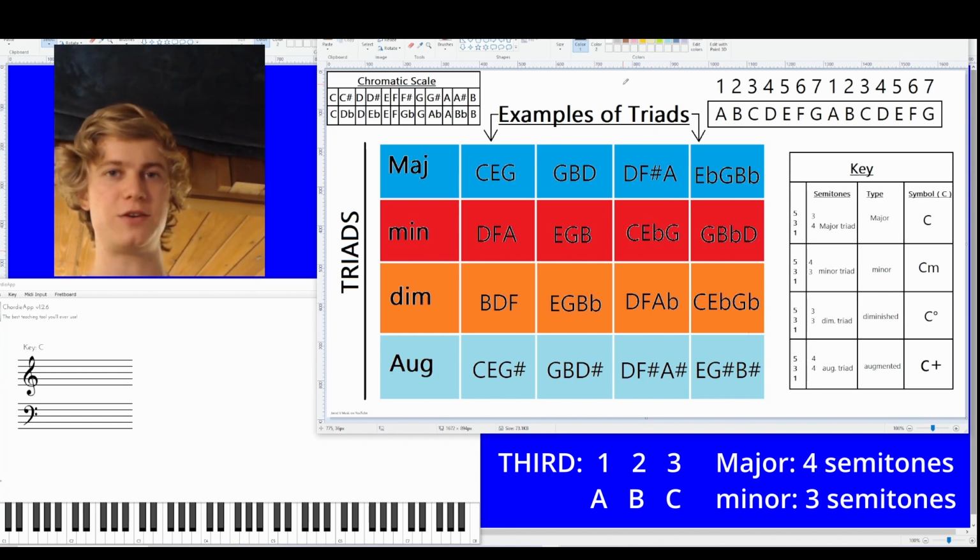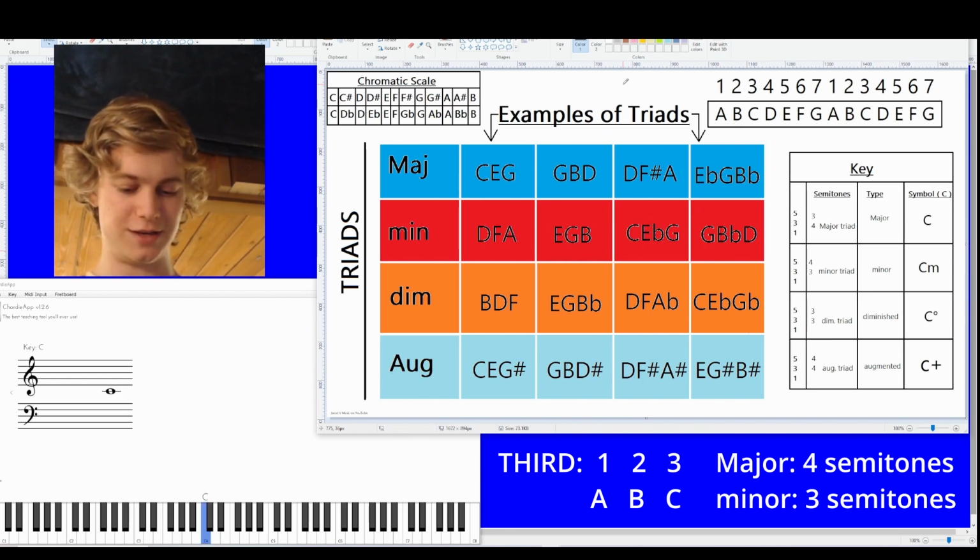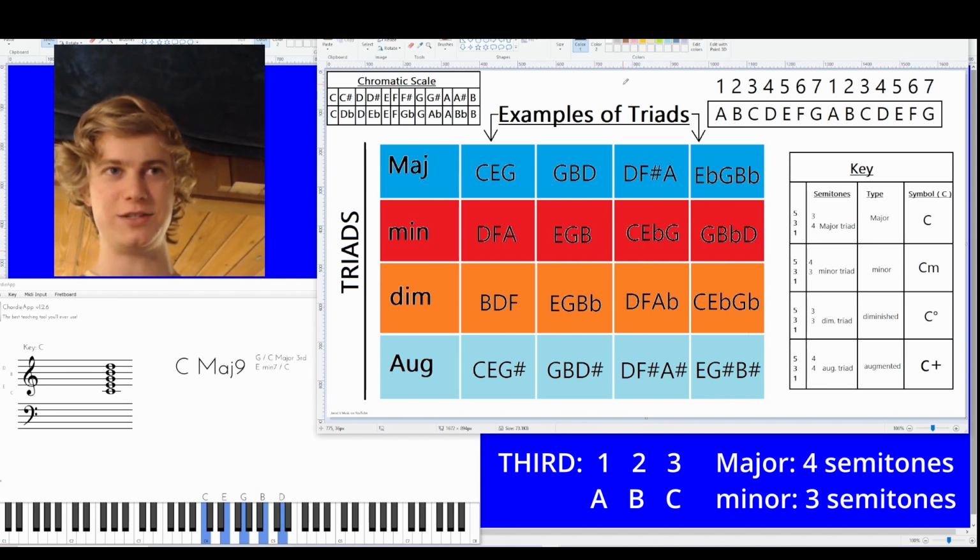And this basically goes with any note, so this is a little more complex, but let's say you had a C and a D, and you think, well that's just a major second, how does that relate to a chord? Well, it relates to a chord when you start stacking intervals that are upper extensions, which is going to be saved for another video. But if we go C, E, G, B, and we land on D, as you can see, I have a major 9 chord, because I stacked thirds until I got to that D note, which is my 9th.